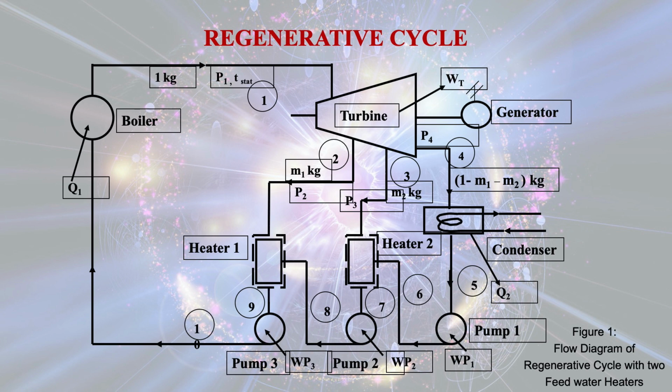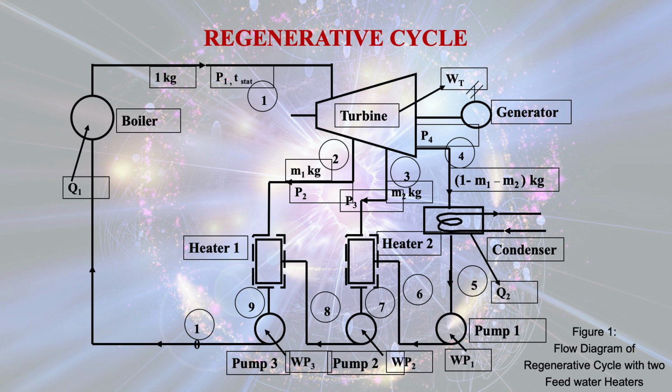Now the remaining 1 minus M1 minus M2 kg of steam will further expand in the turbine, and it will leave the turbine. After that, it will enter into the condenser at pressure P4, and then the steam will condense.